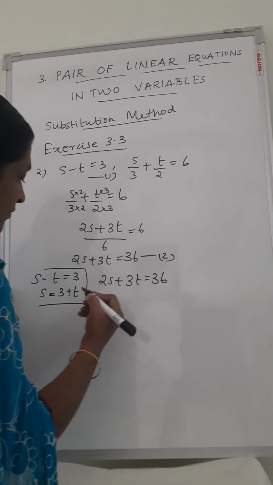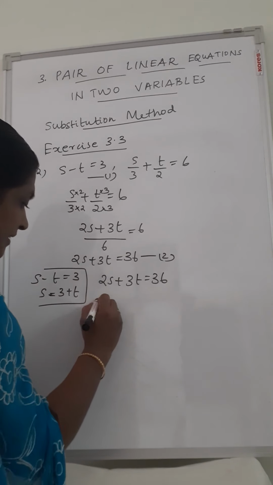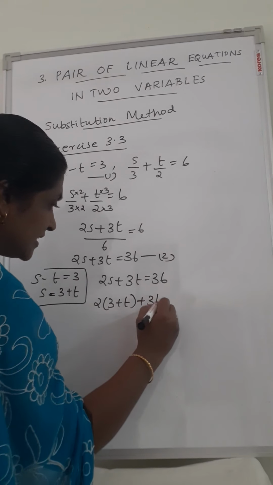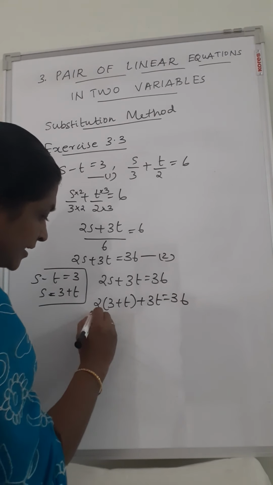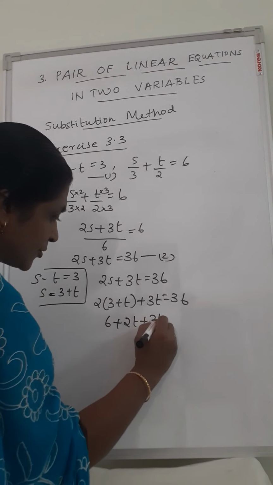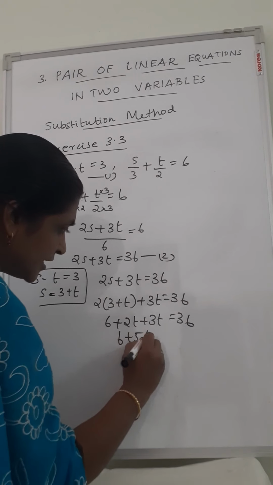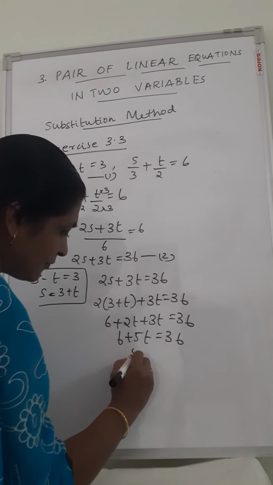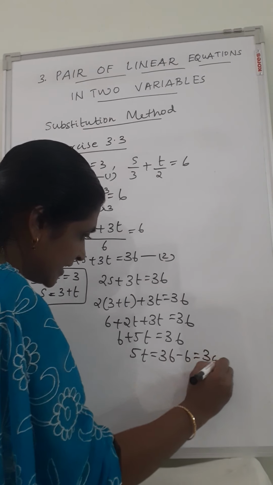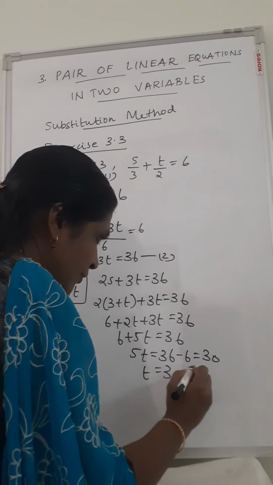Substituting s is equal to 3 plus t, that is 2 into 3 plus t plus 3t is equal to 36. 2 into 3, that is 6 plus 2t plus 3t is equal to 36. 6 plus 5t is equal to 36. 5t is equal to 36 minus 6 is equal to 30. Then t is equal to 30 by 5 is equal to 6.